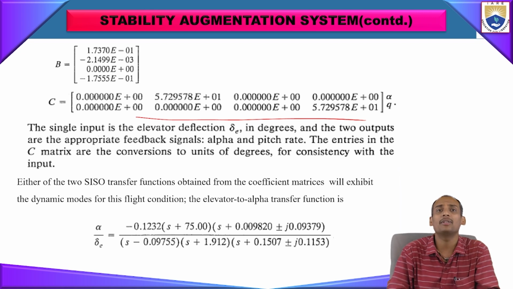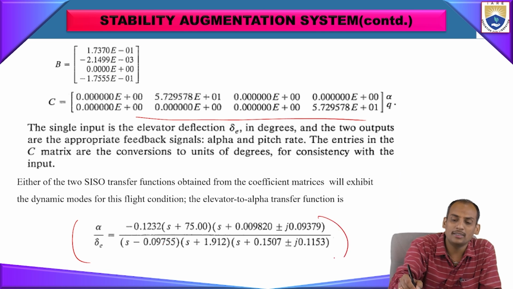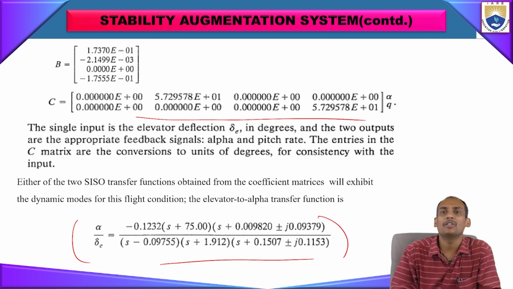So either of the two SAS transfer functions from the coefficient matrix will exhibit the dynamic modes of the flight condition. The elevator to alpha transfer function will be like this: minus 0.121123 into (s plus 75) into (s plus 0.0098 plus or minus j 0.09379) divided by (s minus 0.97) into (s plus 1.912) into (s plus 0.1507 plus or minus j 0.11).